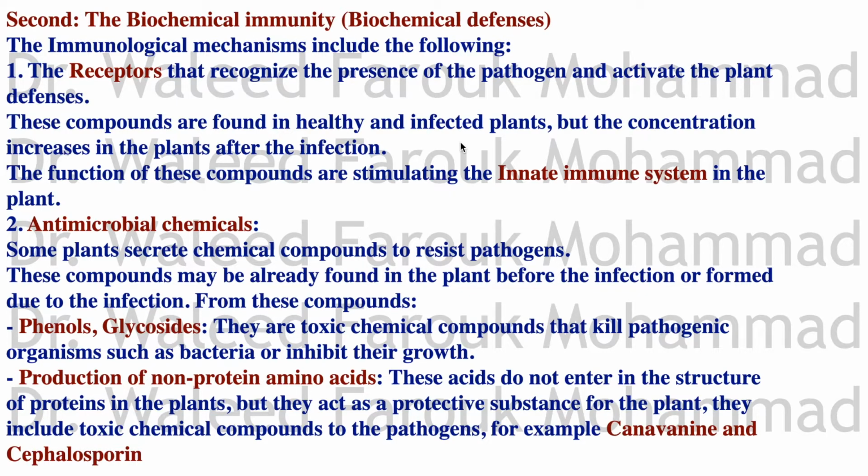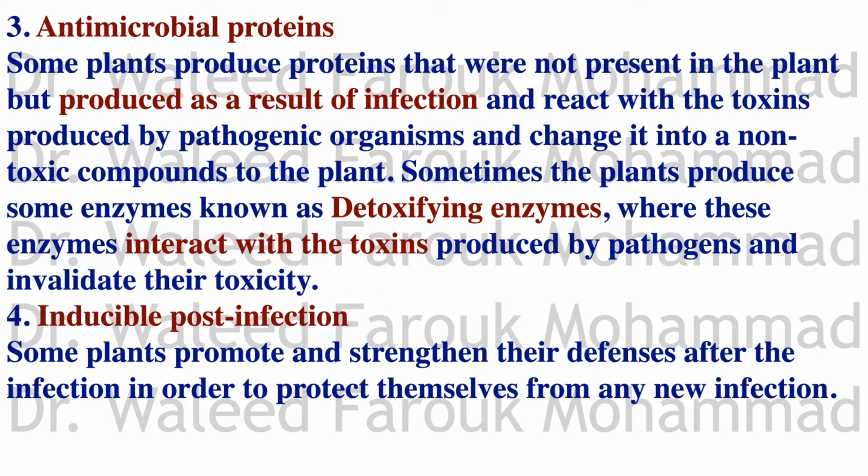These acids do not enter in the structure of proteins in the plants, they can act as a protective substance. من أمثلة non-protein amino acids زي الكنافانين، the canavanine and cephalosporin. ده biochemical defenses.